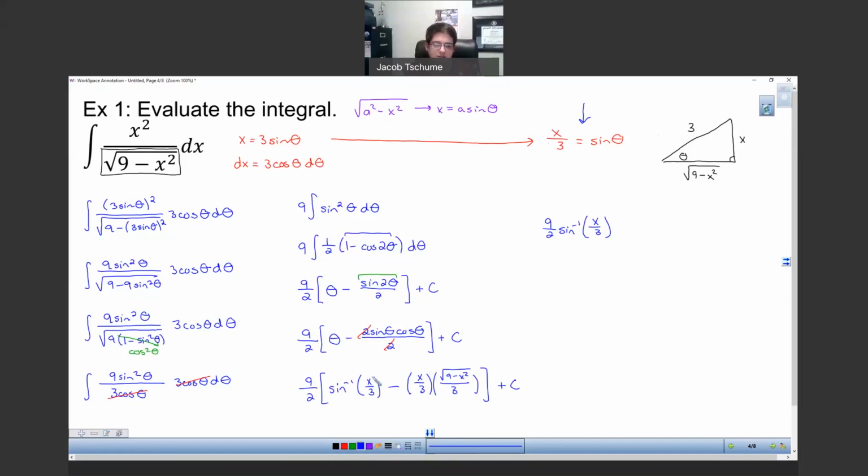Well, the 9 on top will cancel both of the 3's on the bottom, so you'll just get a minus 1/2 times x times the square root of 9 minus x squared with a plus C.